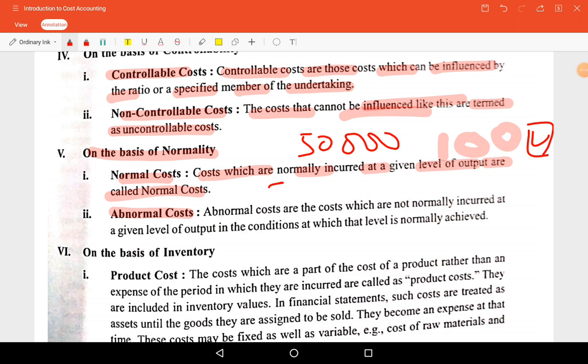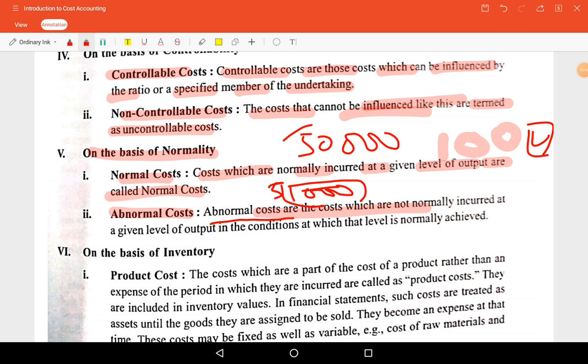Suppose you have spent 51,000 rupees, so how much is the increase? 1,000 increase, and that 1,000 is abnormal cost.